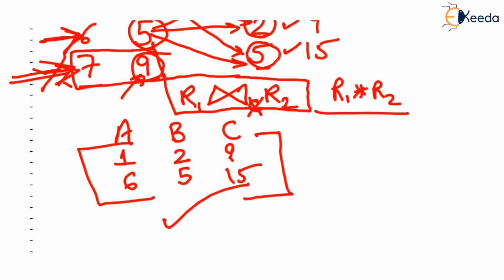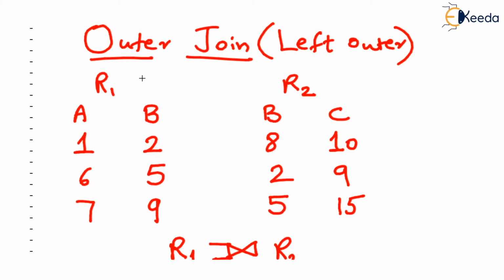Now that we are fully equipped and back to what inner join is, let's see what outer join is. The type of join we are talking about is left outer join. The symbol that we use here is the usual join symbol, but we draw whiskers, or horizontal lines, over here to show that this particular join is a left outer join.